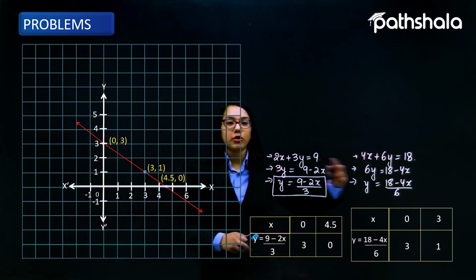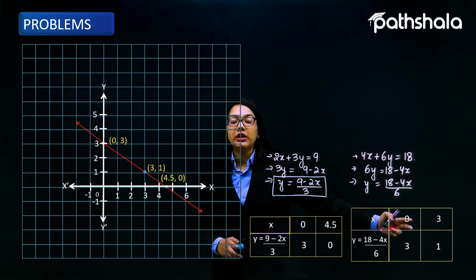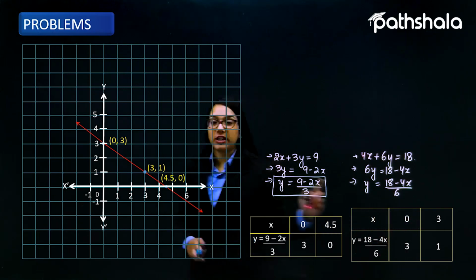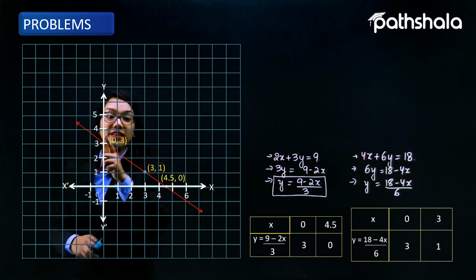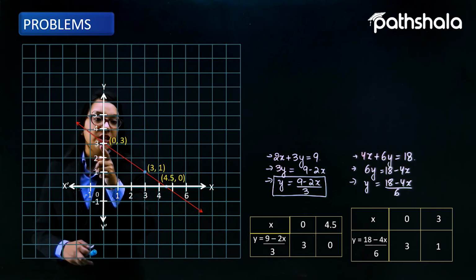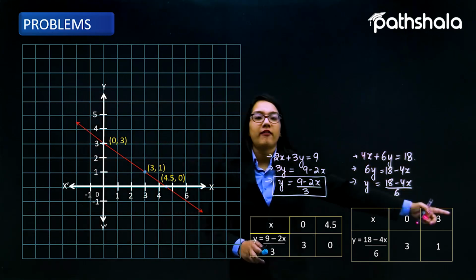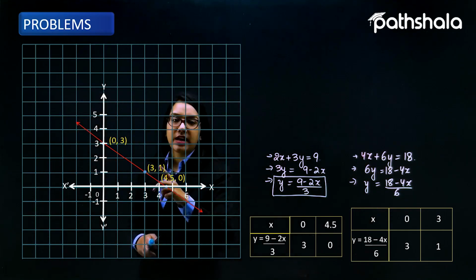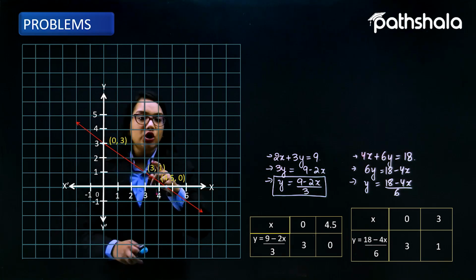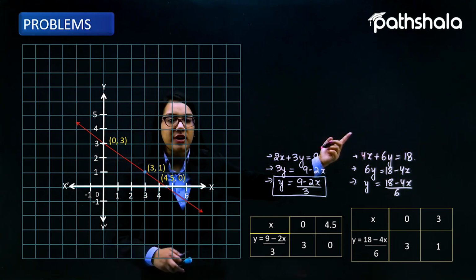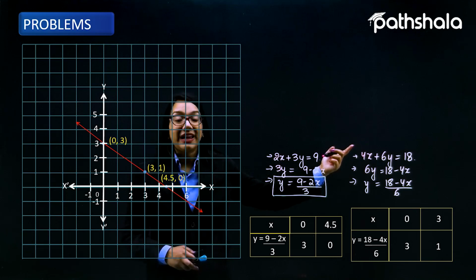Now if we are talking about the solution of the second equation, then we have the coordinates 0, 3. So again this point is representing the 0, 3 solution for the second equation. Further we have 3, 1, which is representing the solution for the second equation, that is 4x plus 6y is equal to 18.